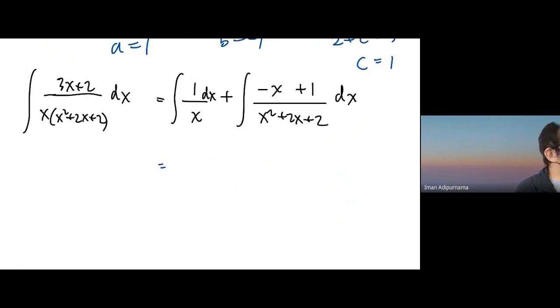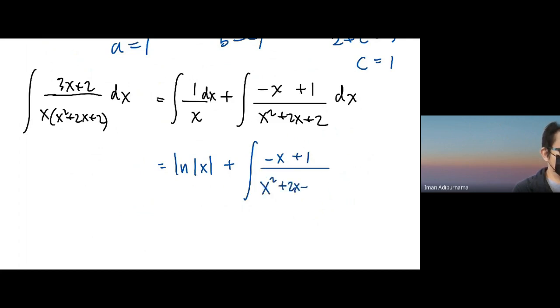The first part, 1 over x, we can write just ln x like that. Let me just write this first.